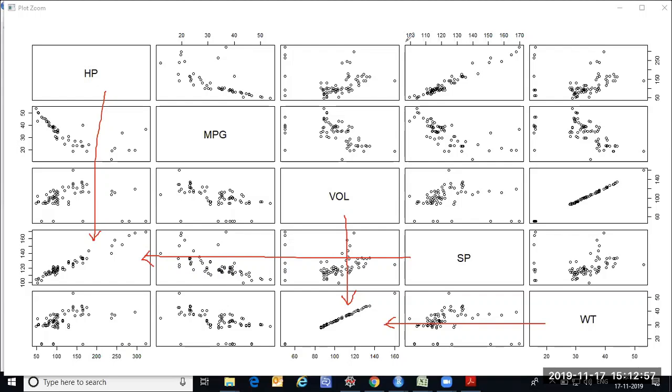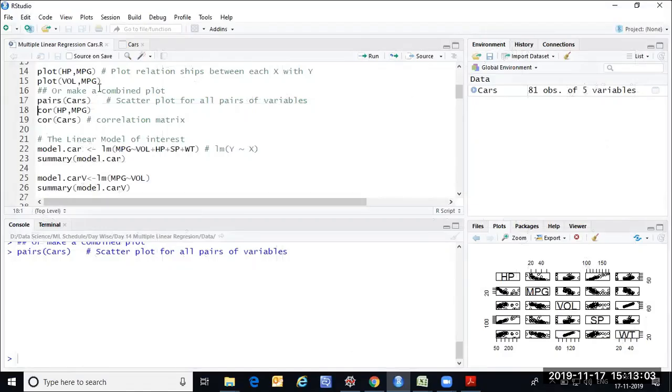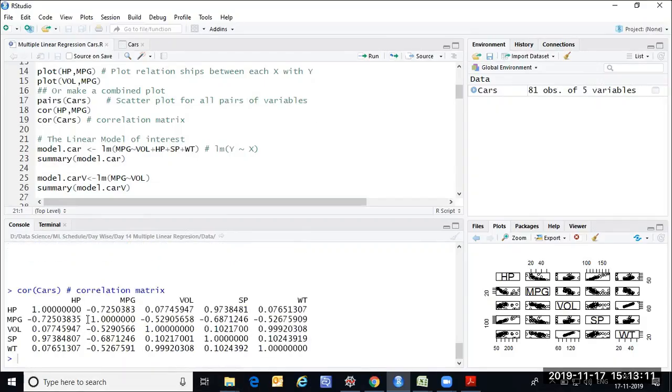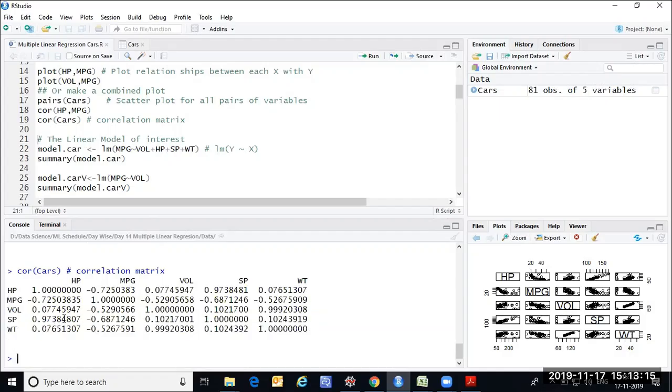Okay. Now, to bring objectivity, you need to check the correlation coefficients. By looking at the correlation coefficients, speed has a very strong relationship with HP.